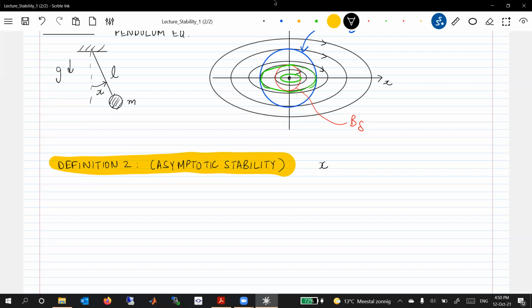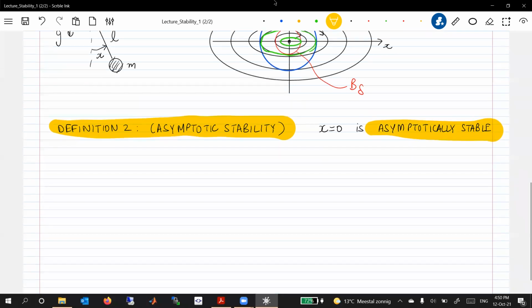So a fixed point x equals 0 is asymptotically stable if, of course, stability is in the name, so it must be stable.